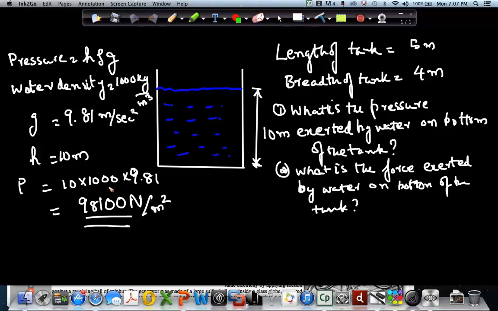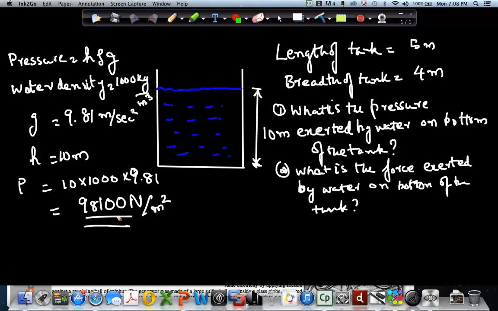Yes, 10 into 1000 into 9.81. 1000 kg per meter cube is the density, so I have substituted rho with 1000. At just 10 meters, the pressure exerted per meter squared by the water is 98,100. You know how heavy this is?